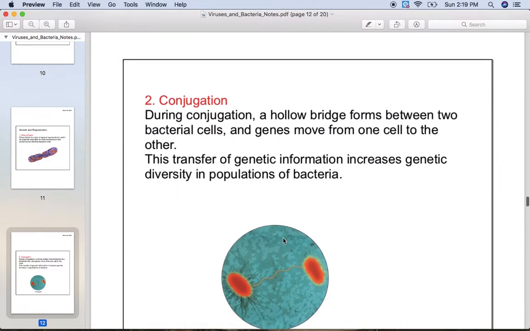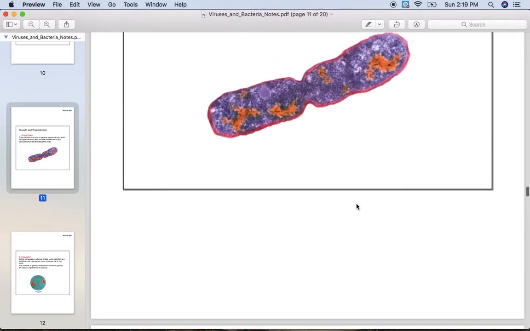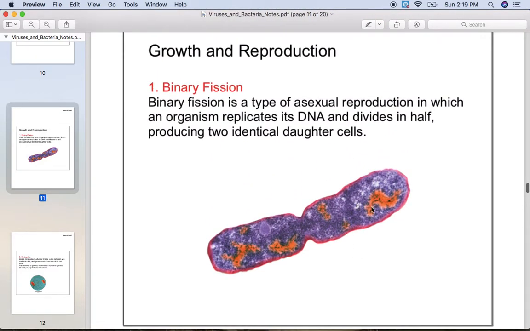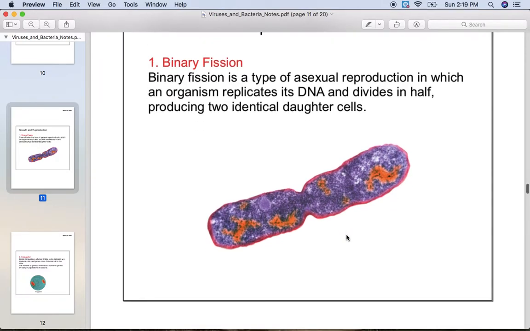One of the kind of creepy things that bacteria do, though, is they can also go through a process called conjugation. So if a bacteria reproduces like this, genetically, the new bacteria is going to be identical to the old bacteria. Well, that's all well and good as long as everything's going okay. But what if you're taking an antibiotic to kill off all of these?